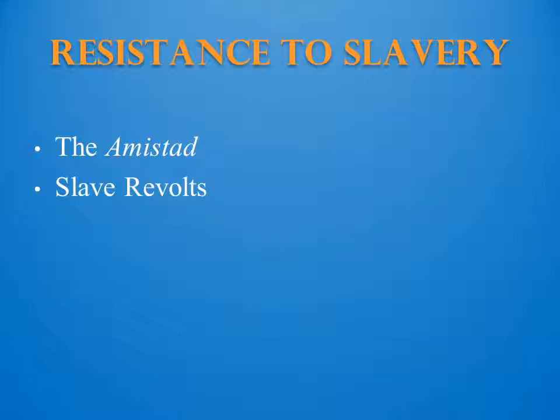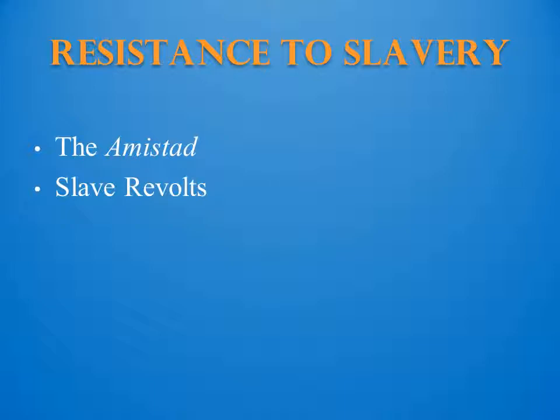Now, in a few cases, large groups of rebellious slaves gained their freedom. The most famous case probably involves the slaves aboard the ship, the Amistad. There was a slave ship off the Cuban coast in 1839. After the slaves seized control of the ship, they sailed it up the American coast until it was stopped. While President Martin Van Buren wanted to return the slaves to Cuba, abolitionists helped the slaves sue for their freedom.